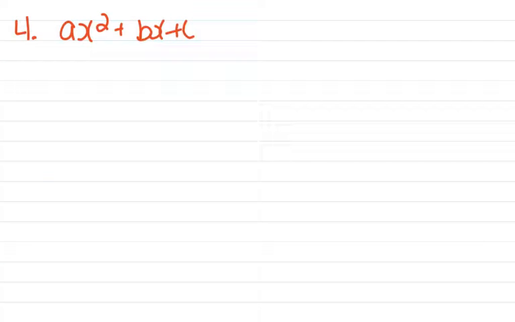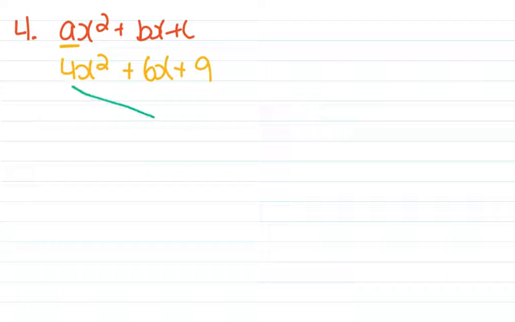And that's just a little bit different from the fourth question, which says, is this a trinomial of the form ax squared plus bx plus c, where a is not 1. So in this case, there's a number in front of the x squared, and then we need to do some things a little bit differently. So if I have 4x squared plus 6x plus 9, then I would need to multiply the 4 and the 9 to get 36.